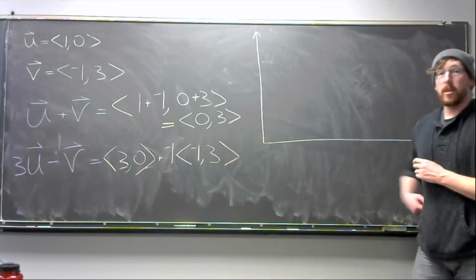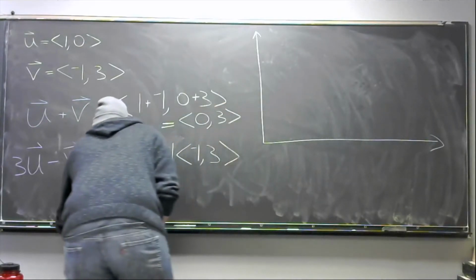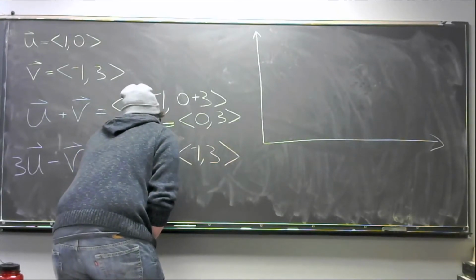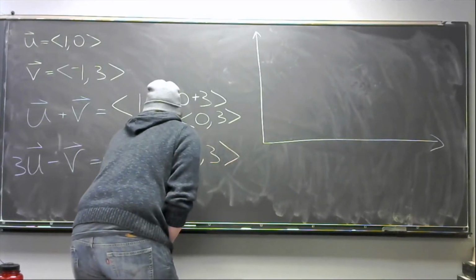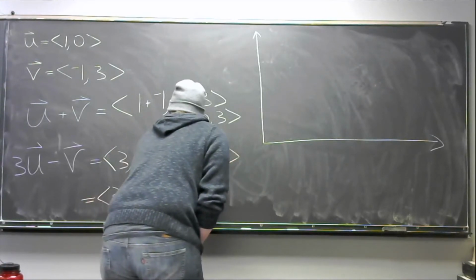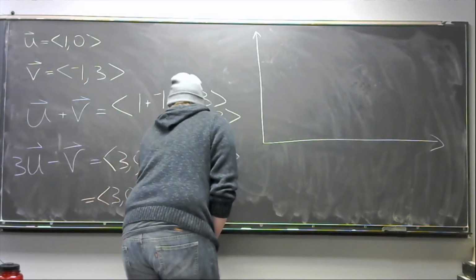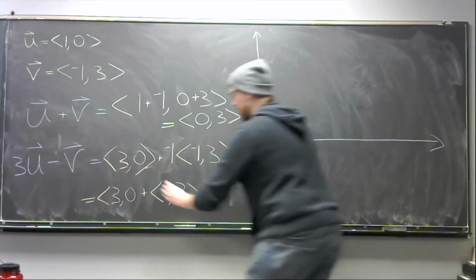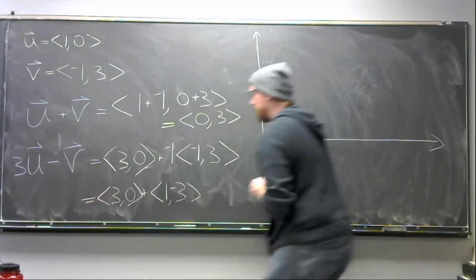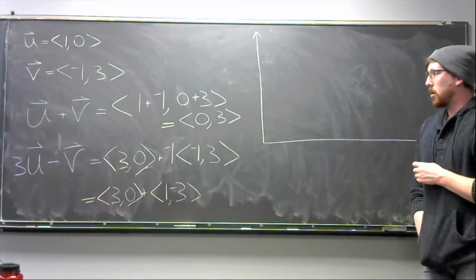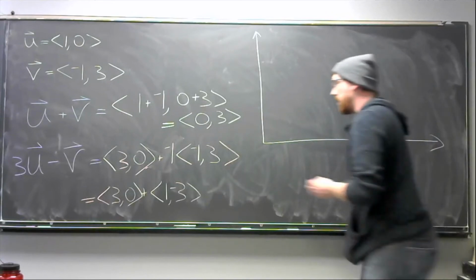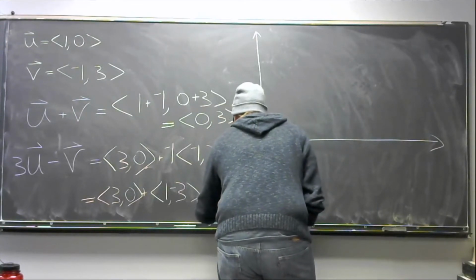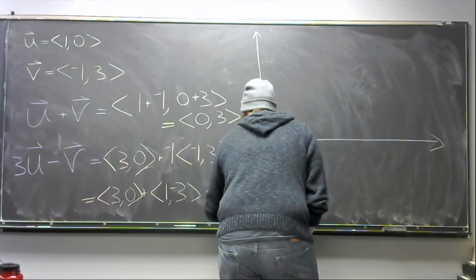So now we can rewrite this as the vector 3, 0 plus the vector 1, comma 3. My mistake, 1 comma -3. Adding all of these together, we're going to find that our new vector is 4, -3.